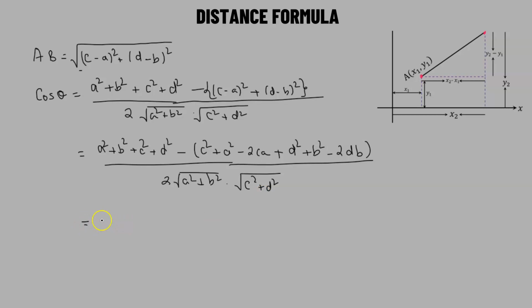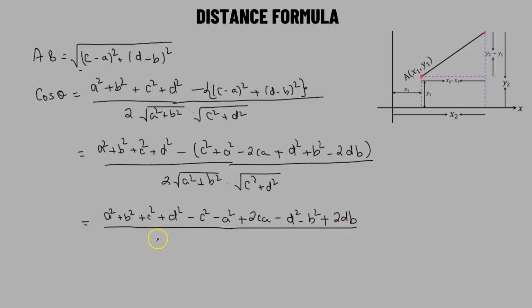So let's open up the parentheses in the numerator. We are now left with a squared plus b squared plus c squared plus d squared, then negative c squared minus a squared, plus 2ca, then negative d squared, negative b squared, and positive 2db, whole thing divided by 2 times the square root of a squared plus b squared, multiplied by the square root of c squared plus d squared.